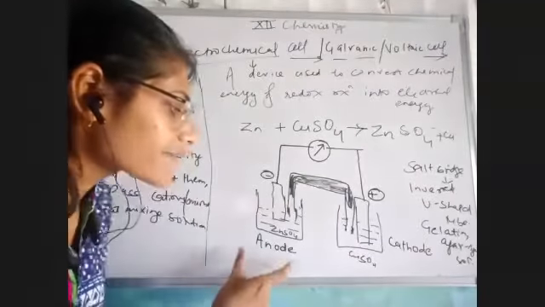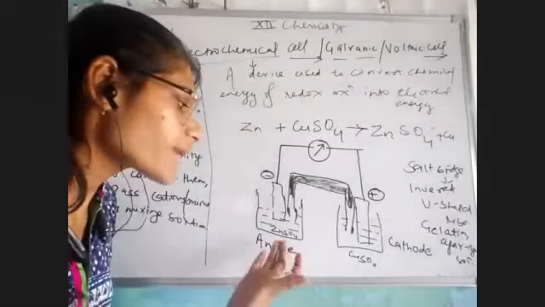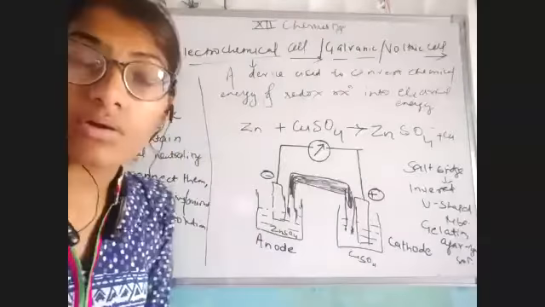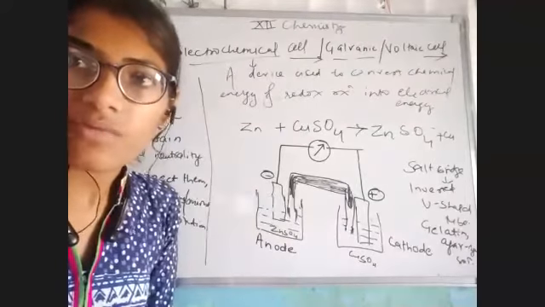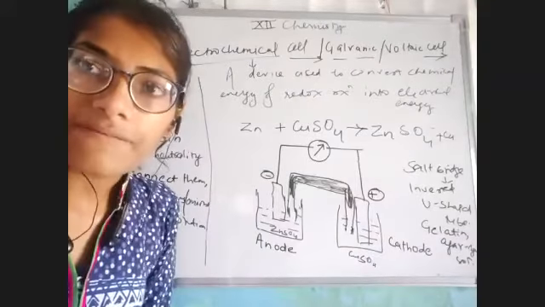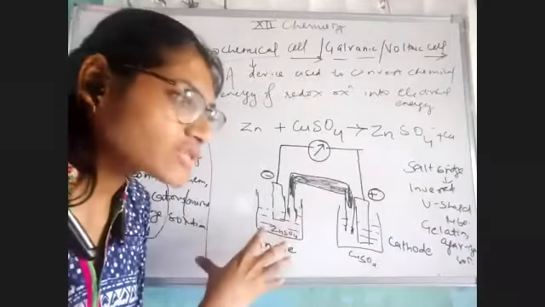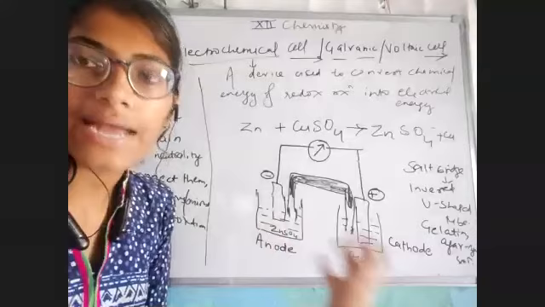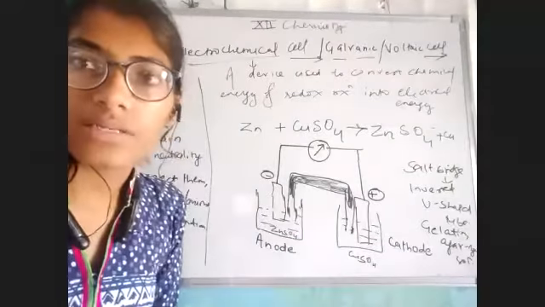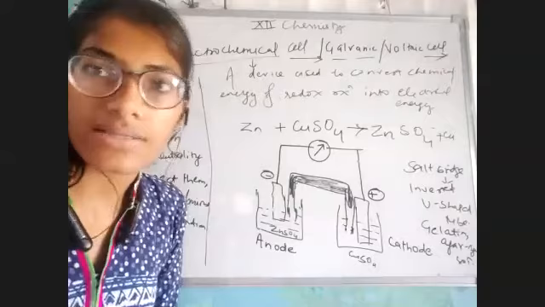Second point I have told you, after some time, what would happen after oxidation, after reduction, there would be more of zinc 2 positive ion, or there would be less of copper, or there would be more of electrons, that I would explain to you. So what would happen after some time? There would be an excess of ions in one beaker, and a low amount of ions in another beaker.